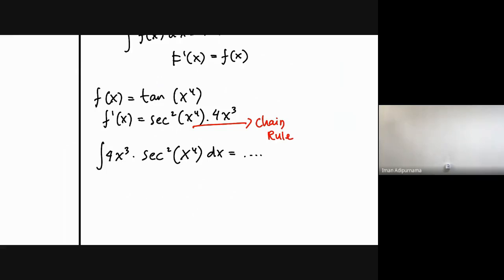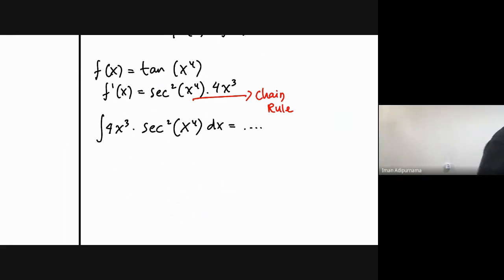To reverse it, we can start with the chain rule: you see the x to the 4, and you have 4x cubed. This 4x cubed is the result of this, right?